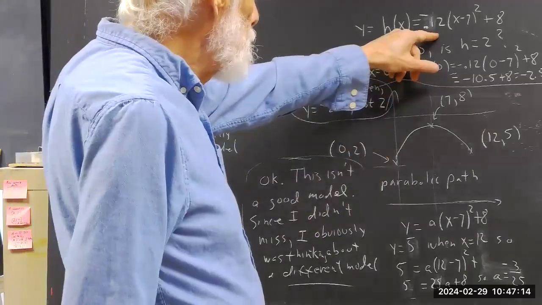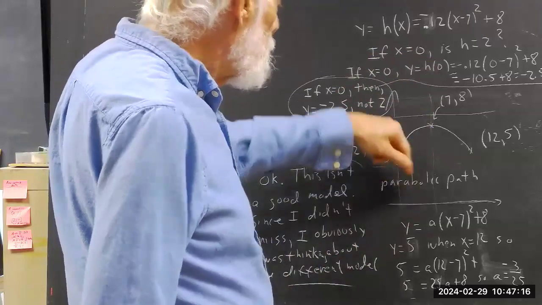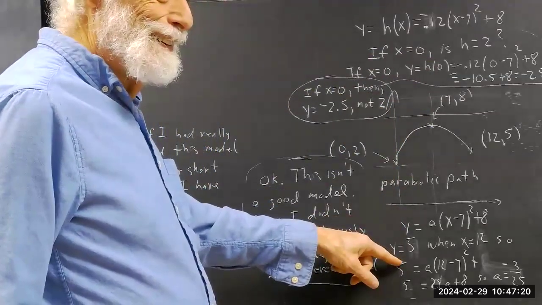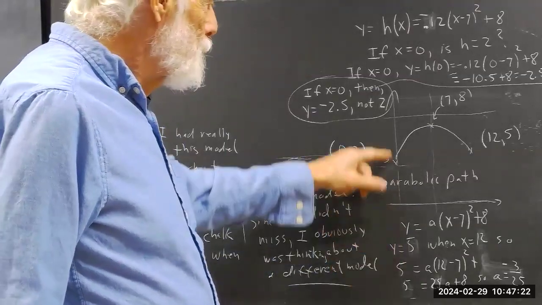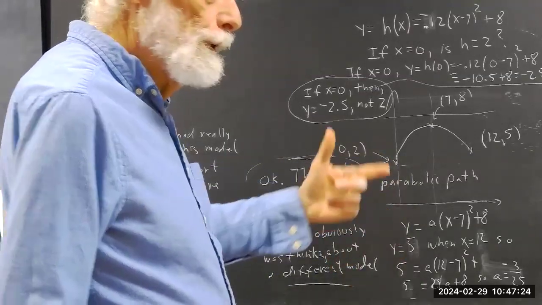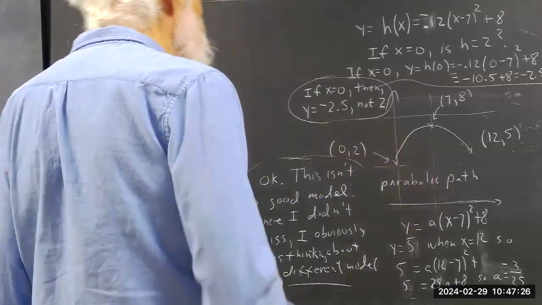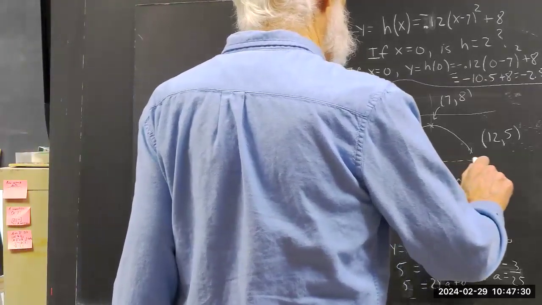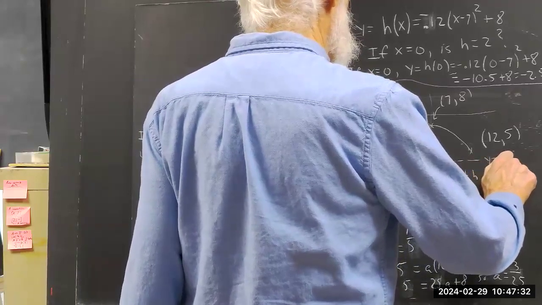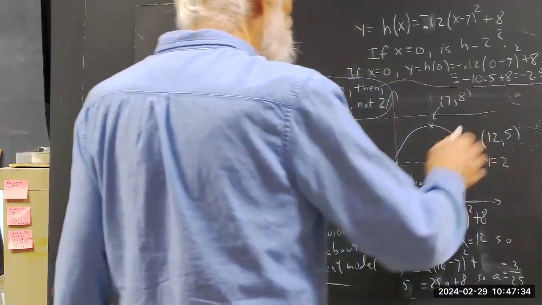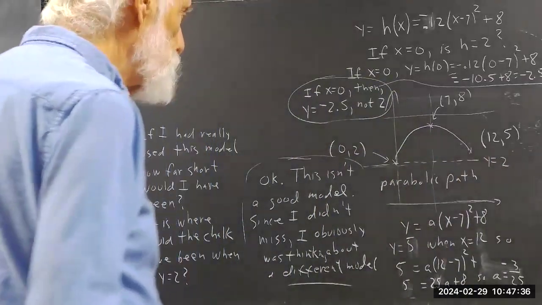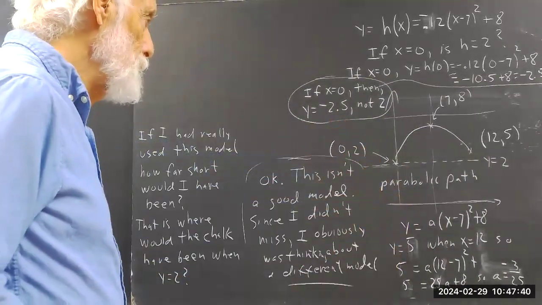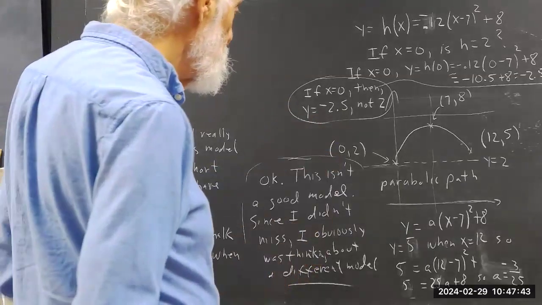But according to this model, it was already 2.5 feet below the floor, 4.5 feet lower than this when y equals 2. And the drawings are not drawn very well to scale, which is another reason why this model didn't work real well. But there we have it.